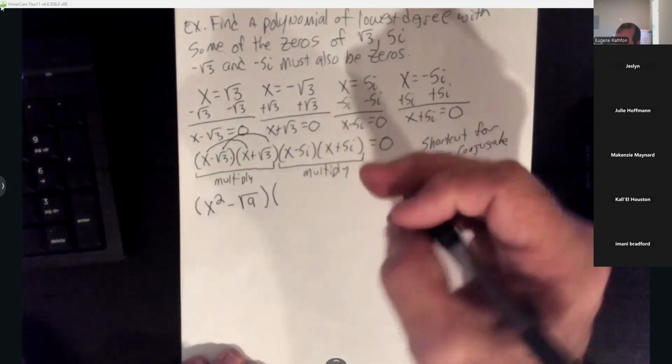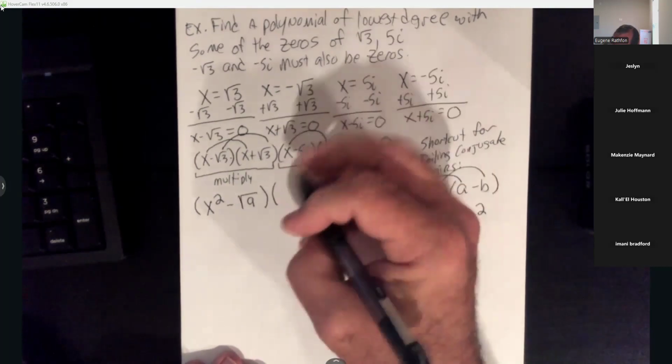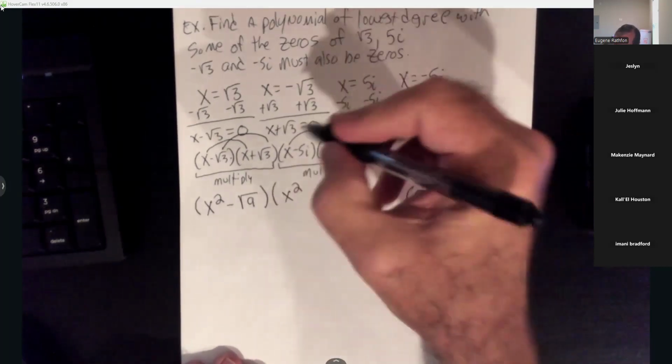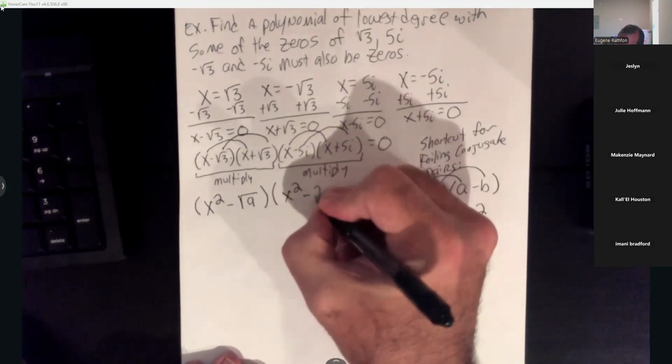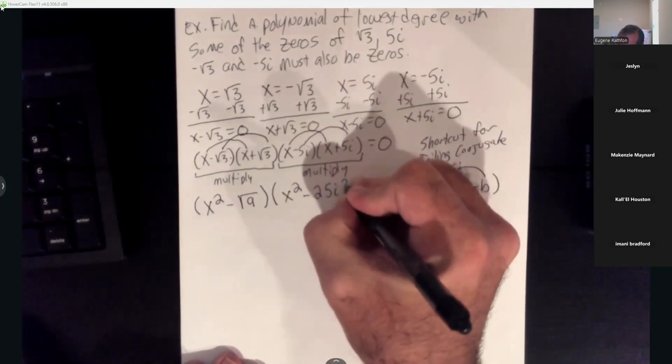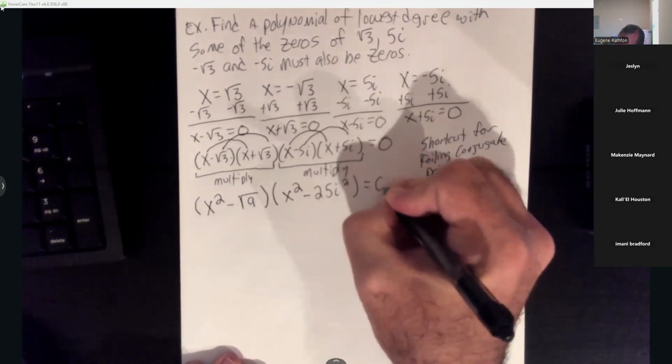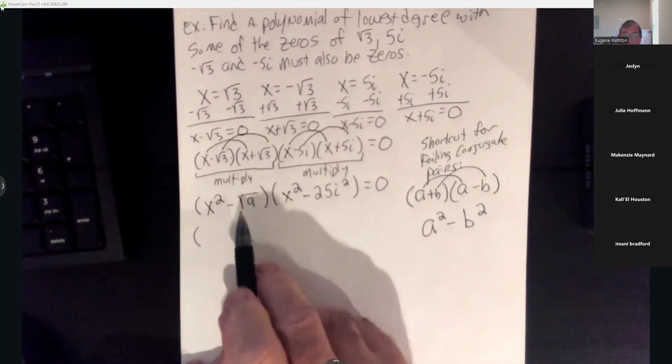Now, let's do that over here. X times X is X squared. Negative 5i times 5i is a negative 25i squared. All right, so let's finish this.